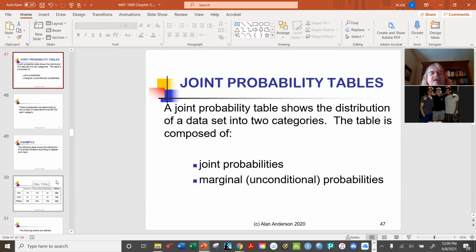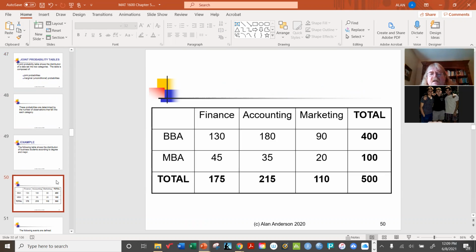Now, this is at a school. This is not Purchase. Purchase does not have a business school, but this is the enrollments at a business school. Now it's a fictional school. I just made this up. But in this business school, there are 500 students, and you can see they're categorized by their majors and by what degree they're getting.